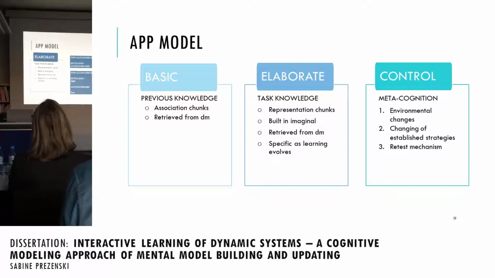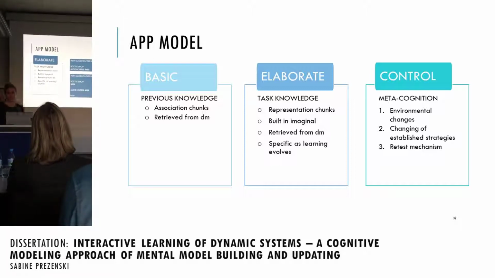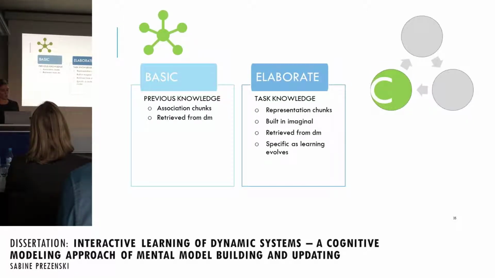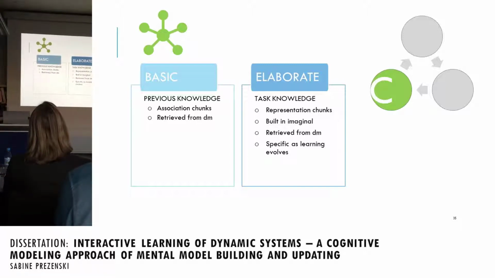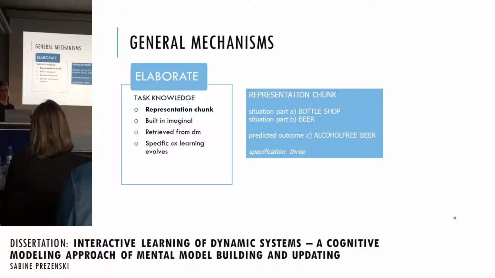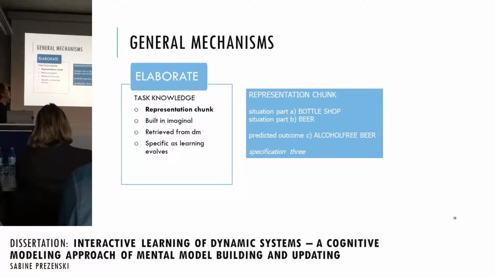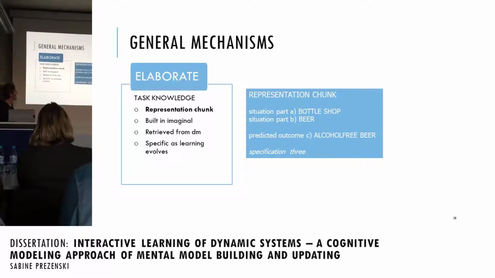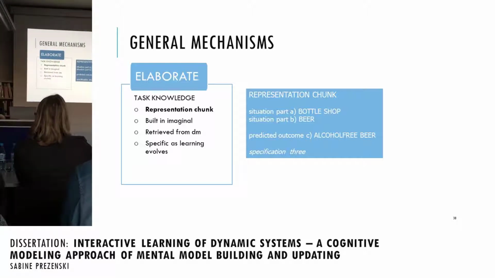You have a specification here, and then the path chunk has more slots. So in the conceptualization phase, basic knowledge is used in the beginning, and then elaborate knowledge is built, and the general mechanism is the representation chunks, where situation part A, part B, part C is encoded, and then the predicted outcome, and there is a specification.